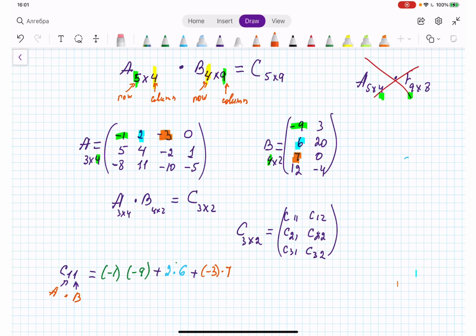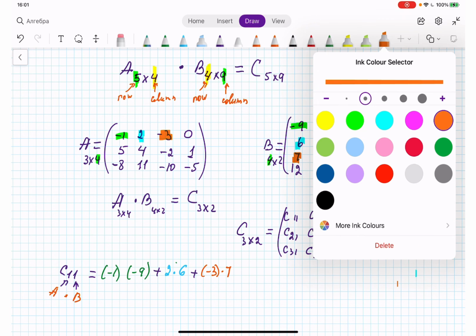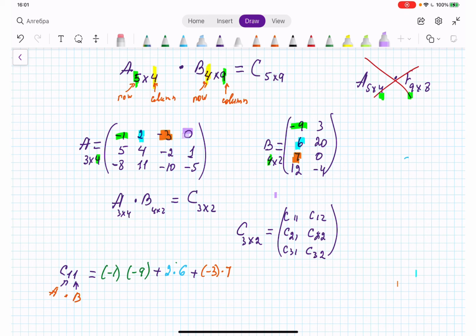And the last one, let me pick the color, multiplying 0 by 12, that's 0 times 12.